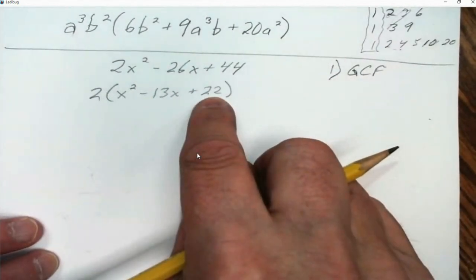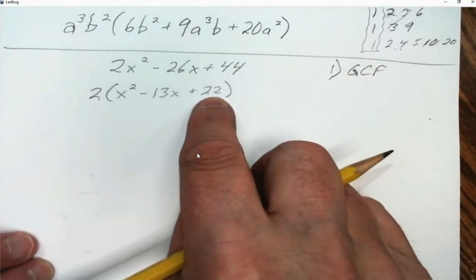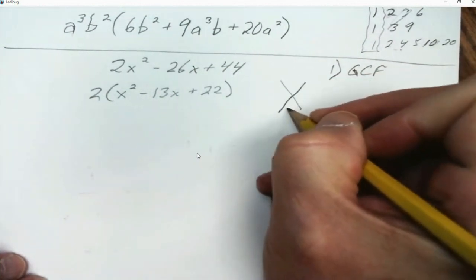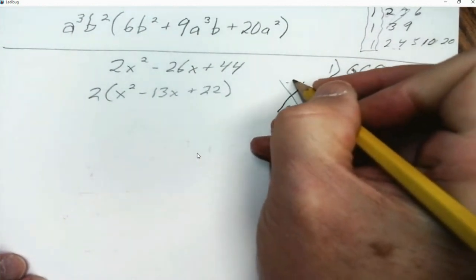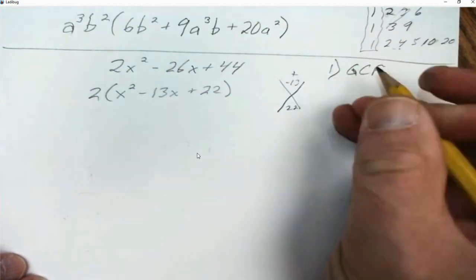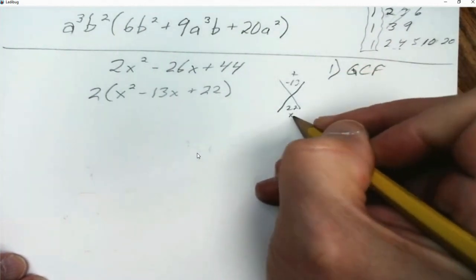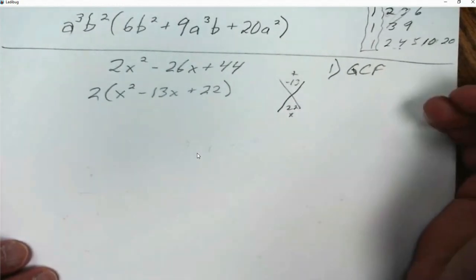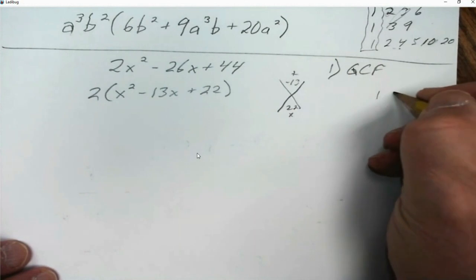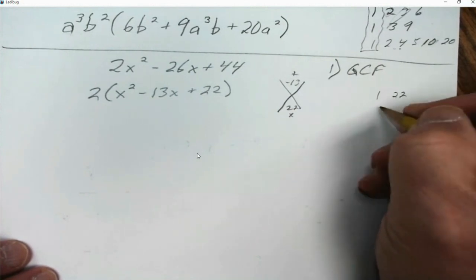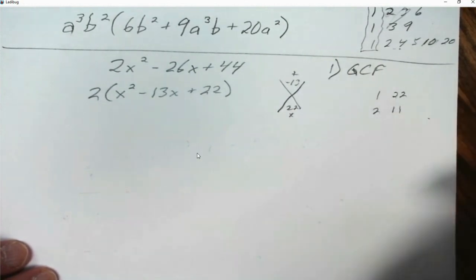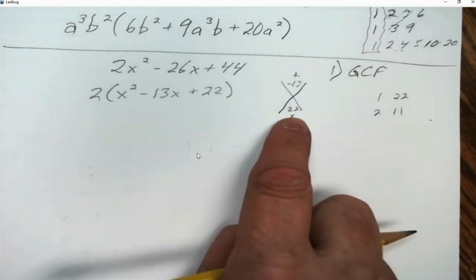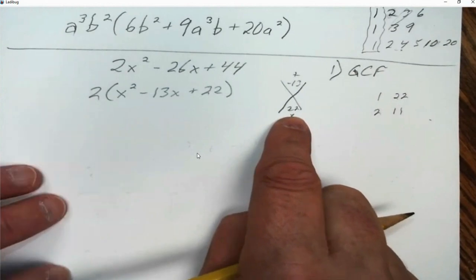So we need to find the factors that multiply together to be 22 and add together to be negative 13. There's not many factors of 22: 1 times 22, 2 times 11. That's it. There's no other combination of numbers we can multiply to be that.